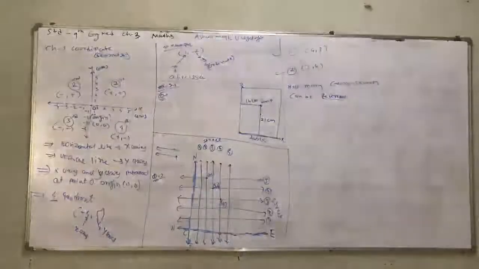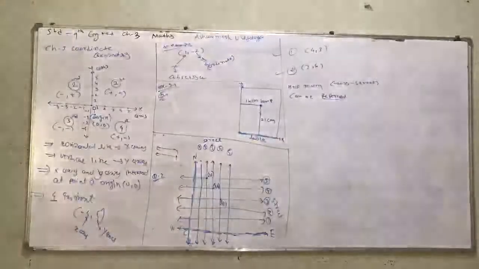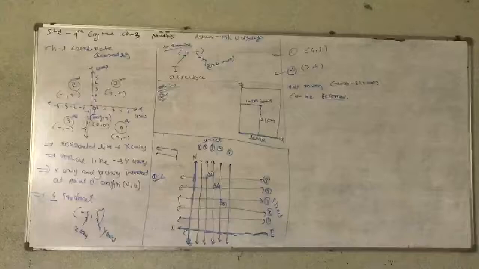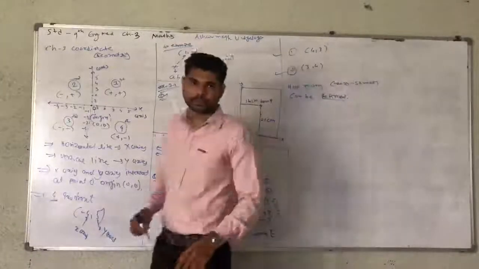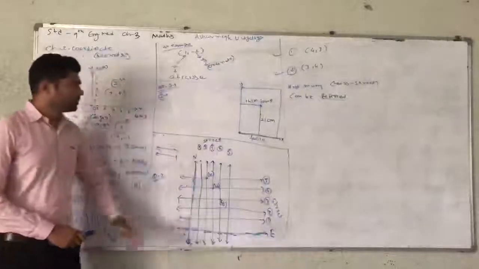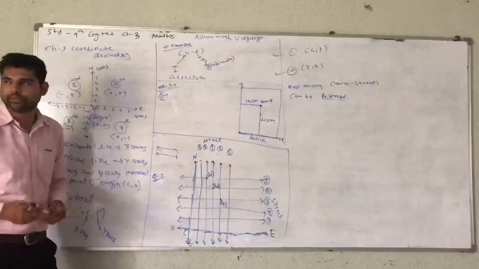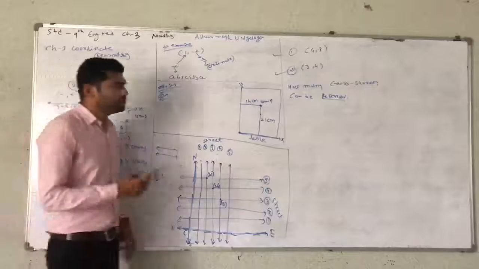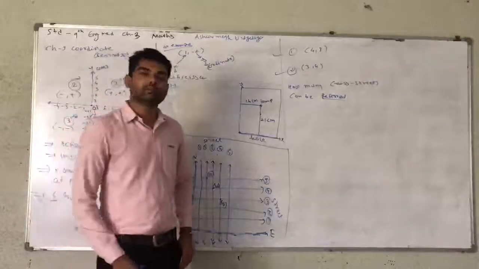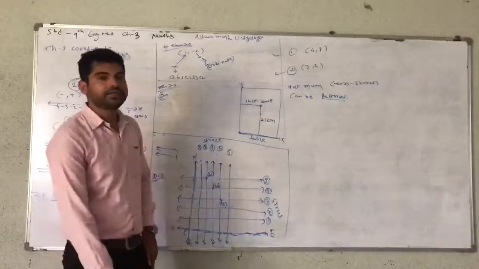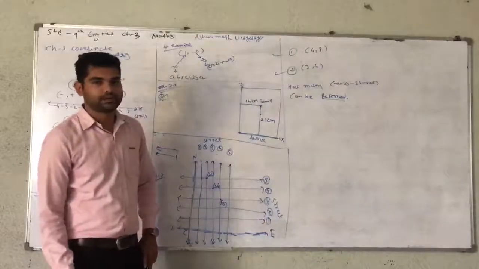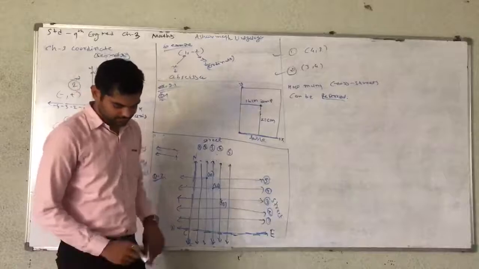Now, this point 3,4 is only one point on a Cartesian plane. So how many points can be represented? The answer is that this is a unique point, one and only one on the Cartesian plane. So the answer is only one.